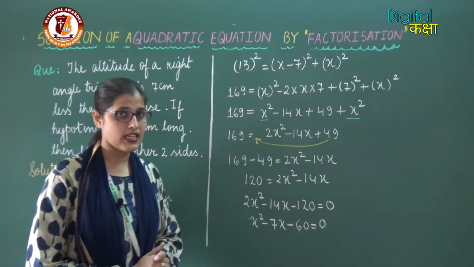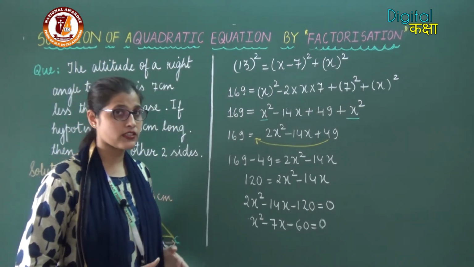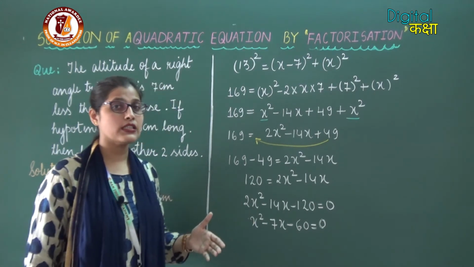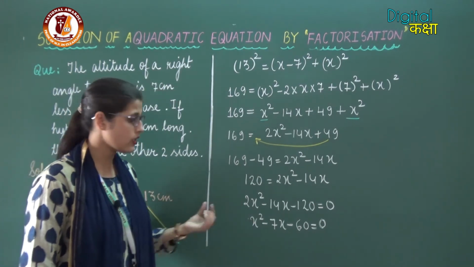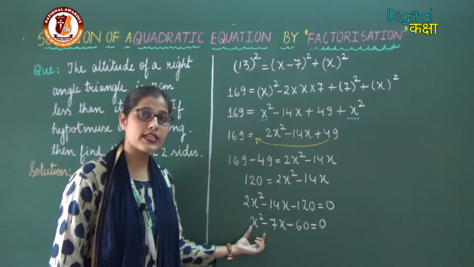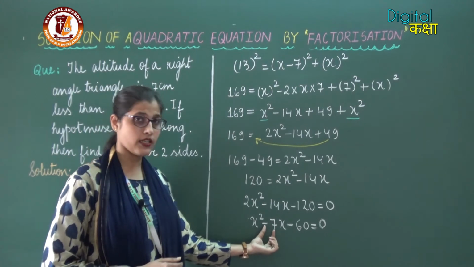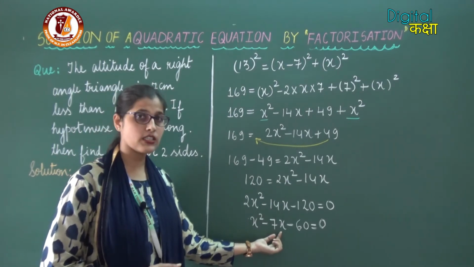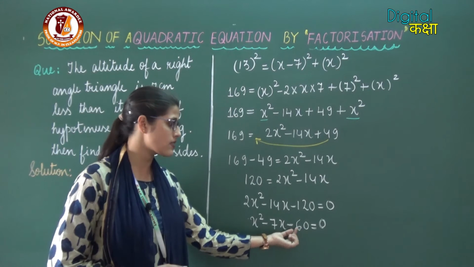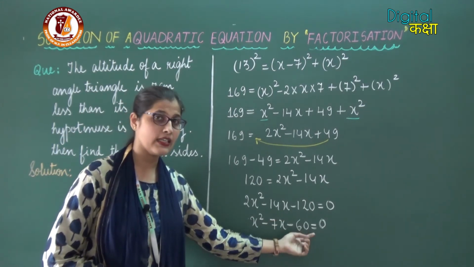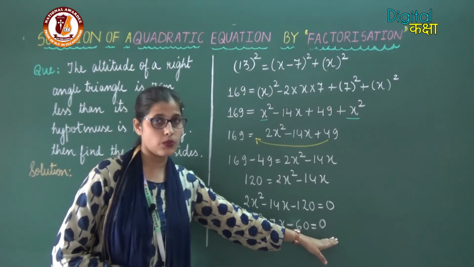As you can see that 2 is the common factor in the above equation, so we will divide the equation by 2. We will get our equation as x square minus 7x minus 60 equals 0, since 2 sevens are 14 and 120 divided by 2 is 60.